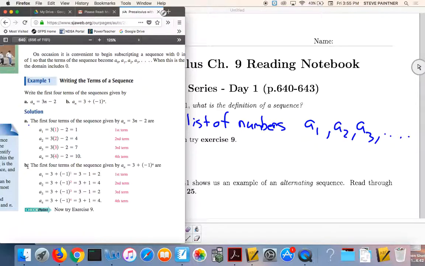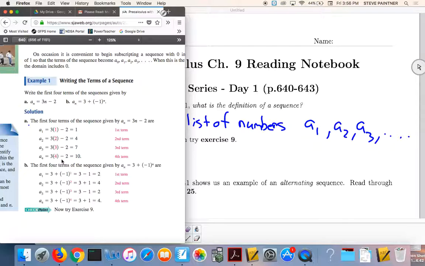You can see it says a sub n, and in the formula itself there's an n. It's basically matching up which term that is. So if you want the third term, you plug in 3 for n, and that's really all you do. For a sub 4, we just plug 4 into the formula it gives us.